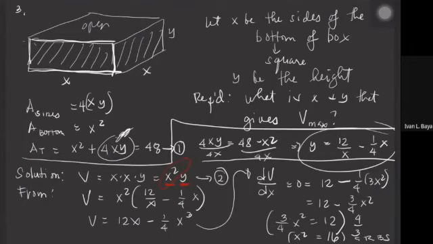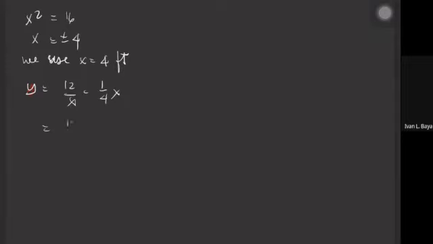So therefore, we have a value of x equals 4. And from equation 1, we can solve for the value of y. Y is 12 over x minus 1/4 of x. From that, x is 4, 12 over 4 minus 1/4 of 4, so we have a value of 3 minus 1. Y therefore is 2 feet.